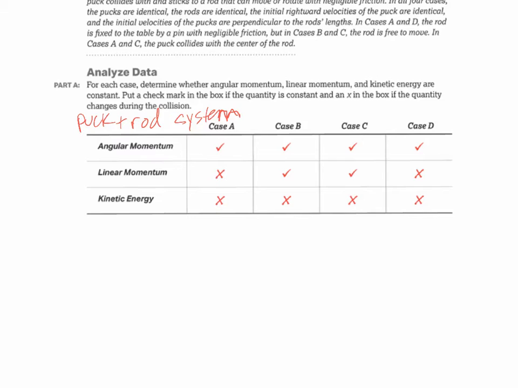So, taking a look across, you can see that angular momentum is conserved in all cases. Angular momentum is always going to be conserved if you consider both the puck and the rod, because those are the two objects interacting.